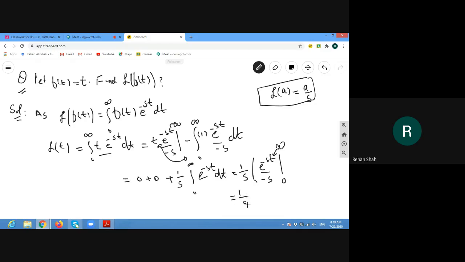If you put 0, this minus will become plus, and this is e power 0, so 1 over s, and this is what? 1 over s square. Is it clear?